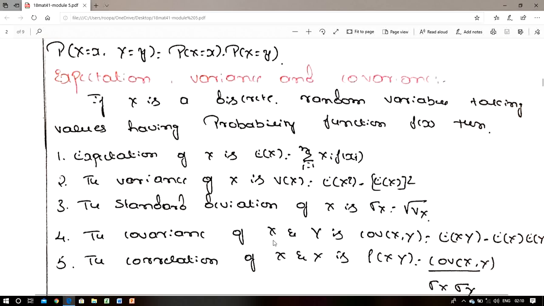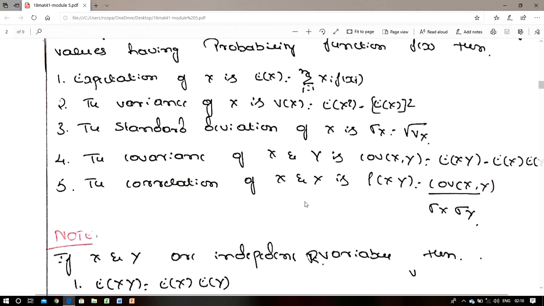The covariance of x and y is E of xy minus E of x into E of y. The correlation of x and y is defined as rho of x comma y equals covariance of xy divided by sigma x into sigma y. In a joint probability distribution, we sometimes have to find the expectation, variance, covariance or correlation.